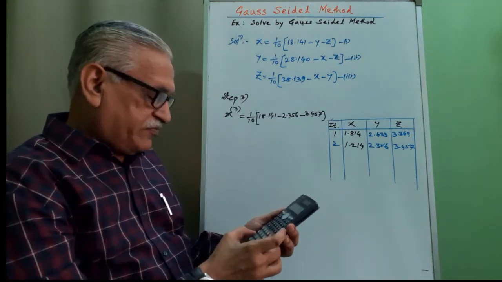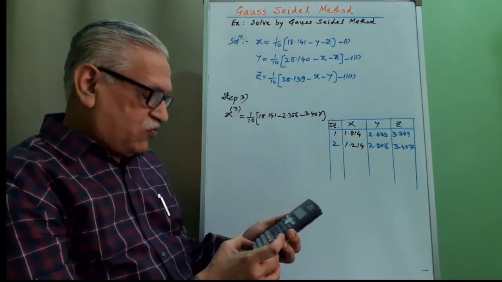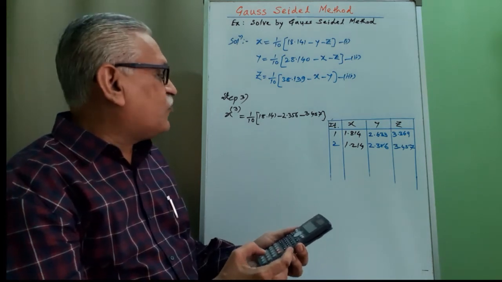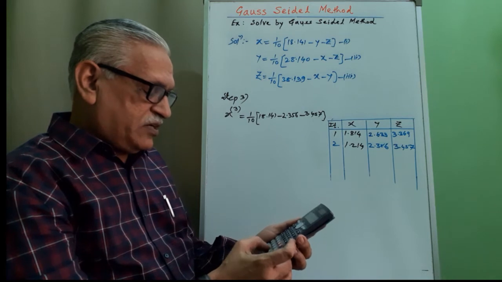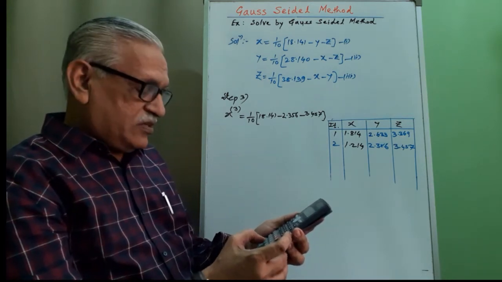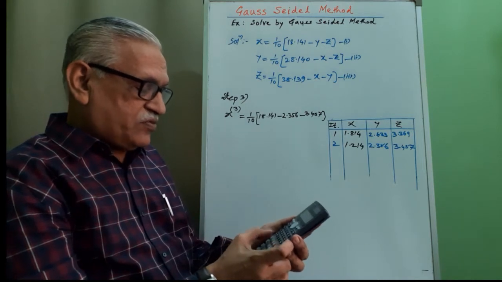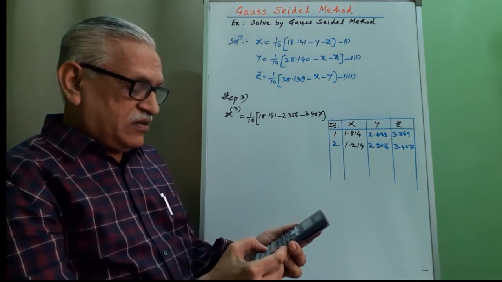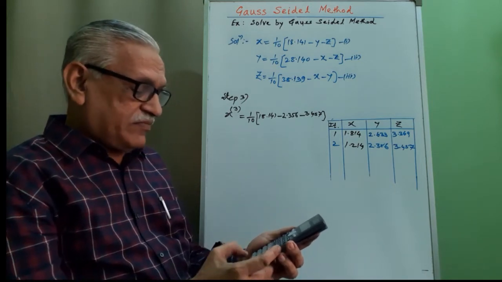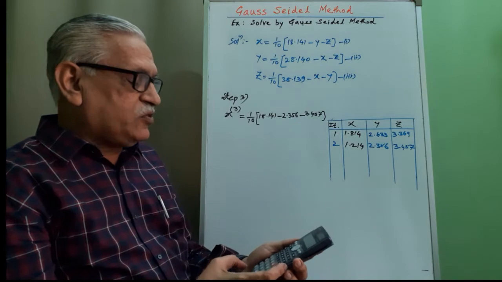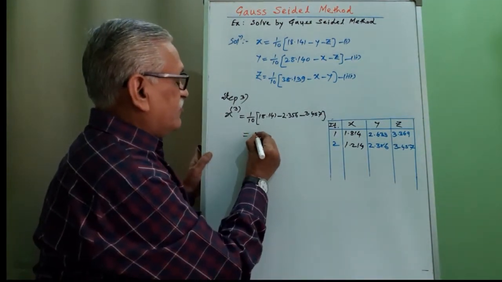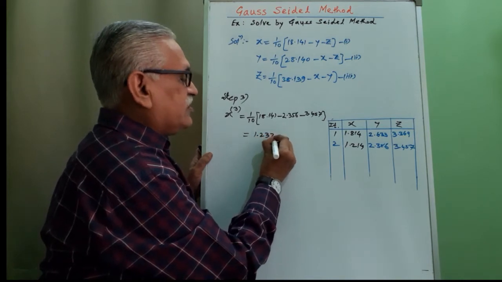Performing it, we get 18.141 minus 2.356 minus 3.457, and multiply by 1 by 10. It is 1.233.